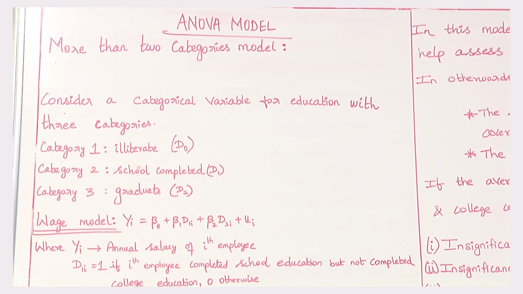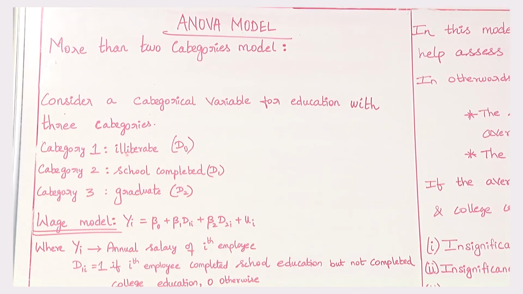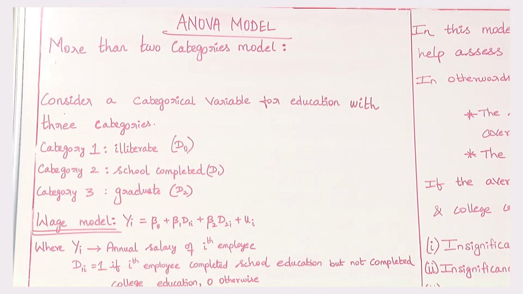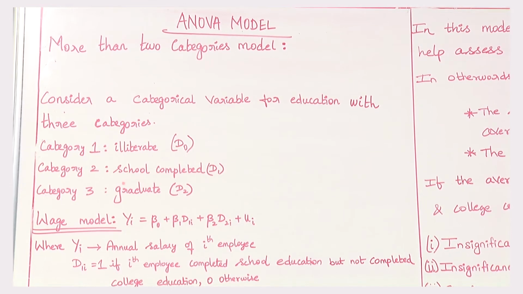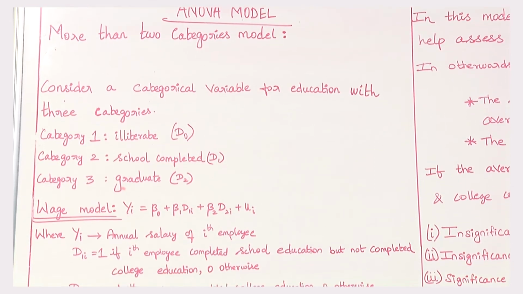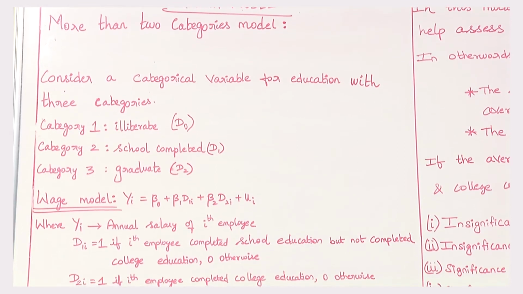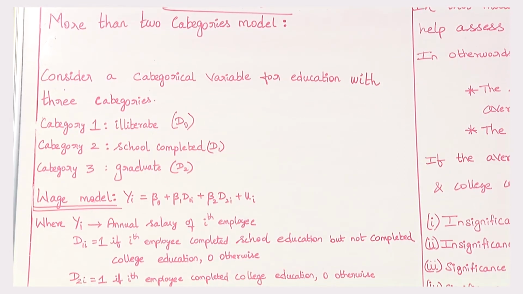Theoretically we can generate 3 dummy variables, one for each category: D0, D1 and D2. Here in this case we are going to include only the 2 dummies corresponding to the school completed employees and graduate employees. So, this is the wage model with these 2 dummies D1I and D2I.